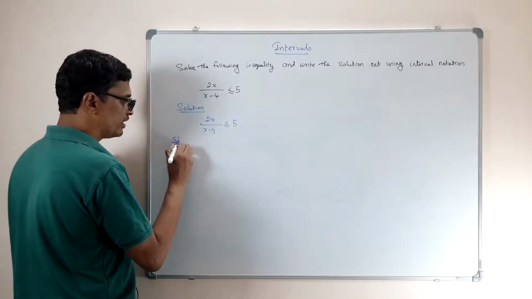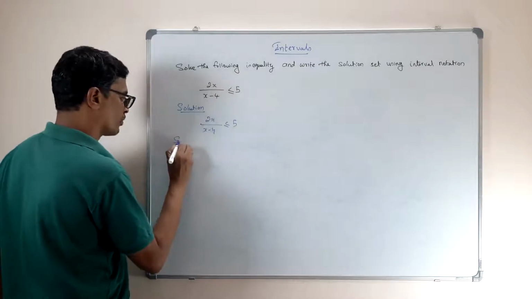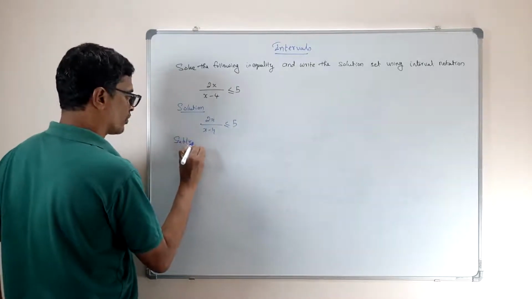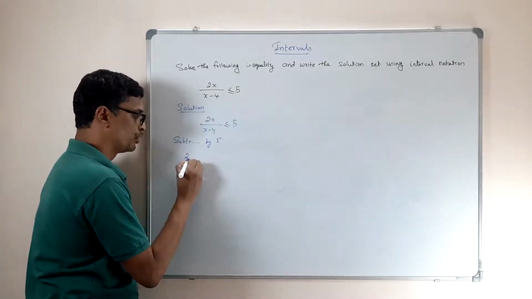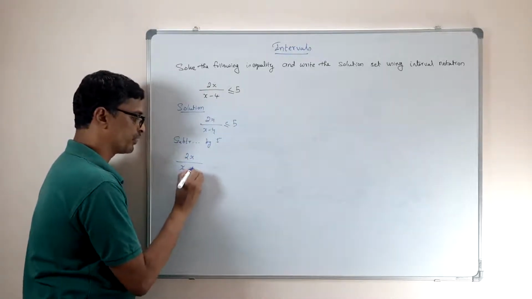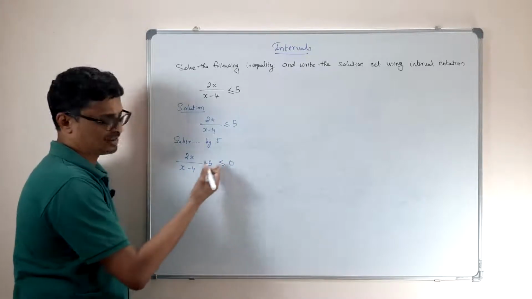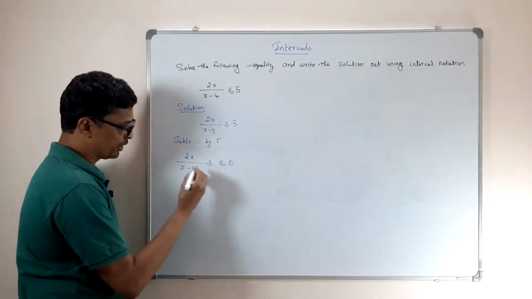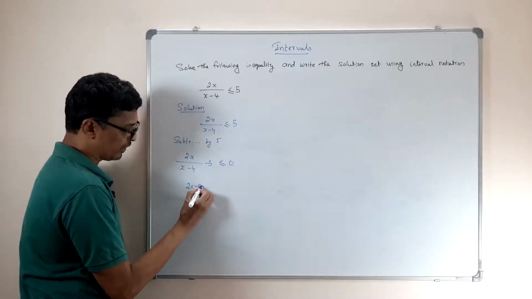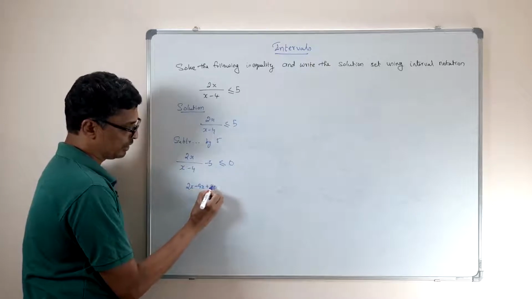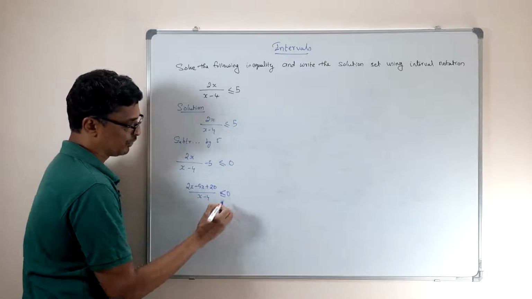Subtract by 5. So it becomes 2x divided by x minus 4 minus 5, less than or equal to 0. Subtraction of the sign won't change. So what will this be? 2x minus 5x plus 20 divided by x minus 4, less than or equal to 0.